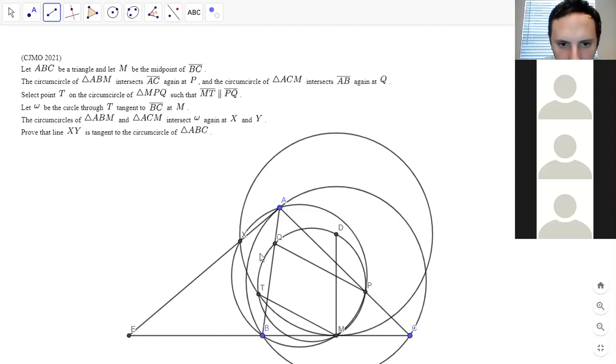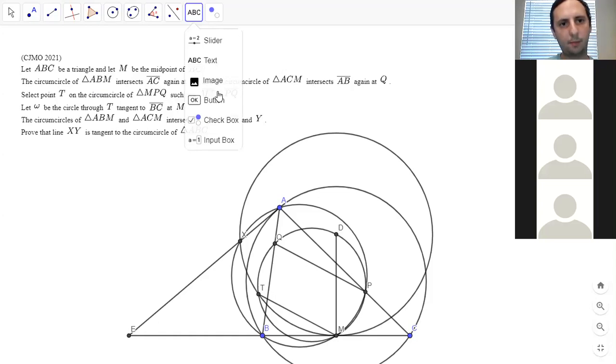Give me just a second. So angle AXM is equal to angle ABM. Yeah, so I'll write this out.